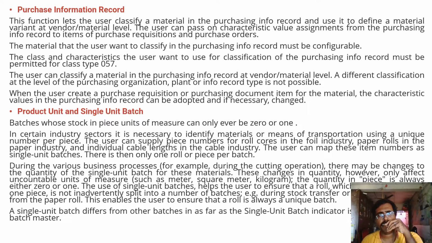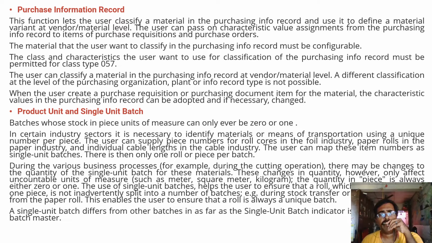So now next is the info record. This is for procurement. This function lets the user classify a material in the purchasing info record and use it to define a material variant at the vendor or material level. The user can pass a characteristic value assignment from the purchasing info record to items of purchase requisitions and purchase orders in MM.